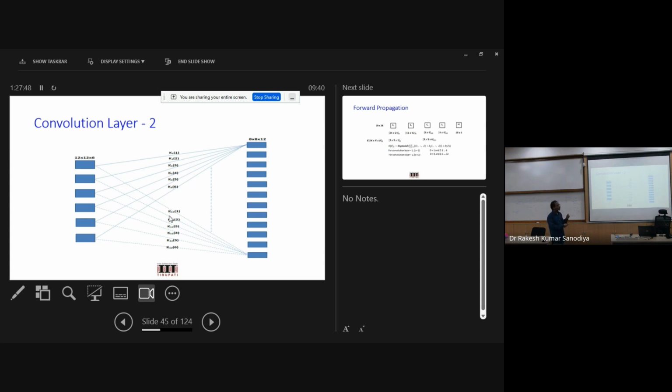So I may apply 3D to 2D convolution to get one map, with a kernel of 5 cross 5 cross 6. Similarly, if I want to get 12 maps, 12 such kernels have to be there, right? That means we have here 5 cross 5 cross 6 into 12 elements.